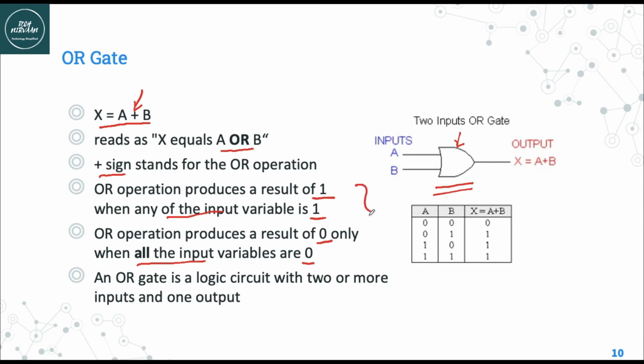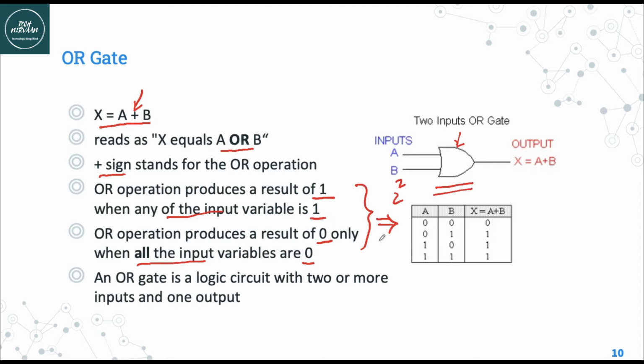So from this logic we can construct the truth table for the OR operation of this two input OR gate like this. A and B are input, X is the output. Two inputs are there, that's why possible combinations would be 2 raised to 2, that is 4, and those are 0 0, 0 1, 1 0 and 1 1.